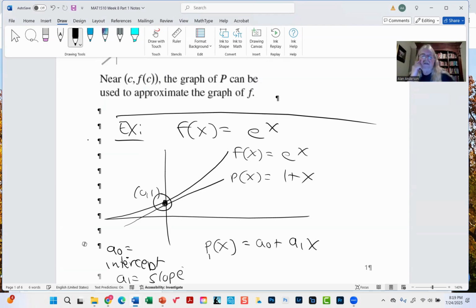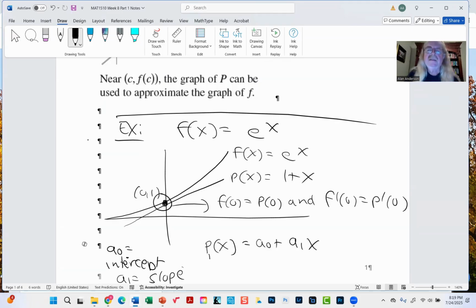So again, at that point, f of 0 equals p of 0, and f prime of 0 equals p prime of 0. So that is our first case of approximating a nonlinear function, in this case with a linear function, in such a way that the two agree at that one point that we're interested in, with both the point itself and the slope.